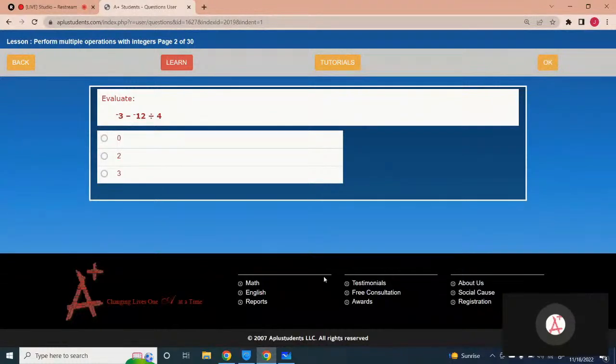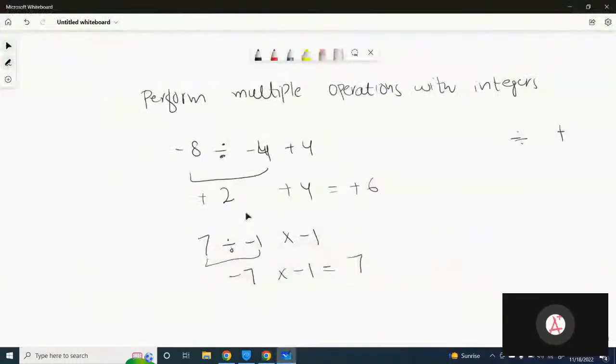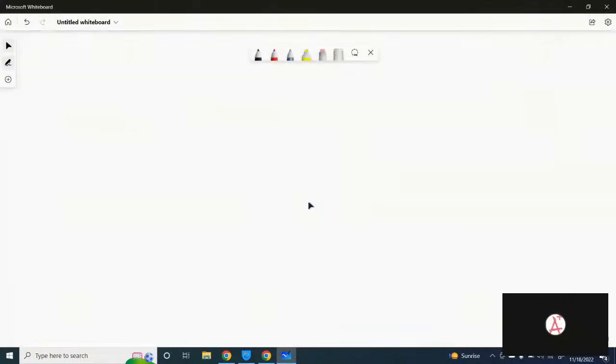Okay, the next one is negative 3 subtract negative 12 divided by 4. So, first of all, you have to perform division. Division has the higher priority. Got it? Just divide negative 12 by 4. 4 times 3 is 12. Answer must be negative.